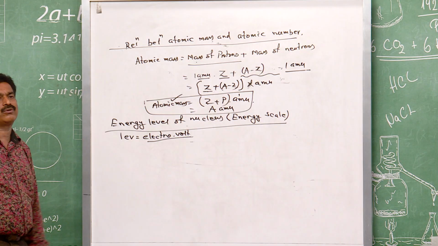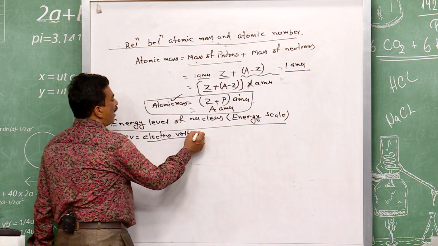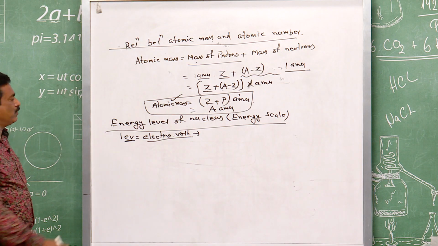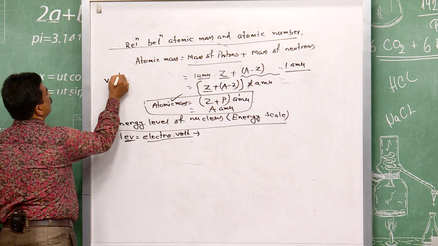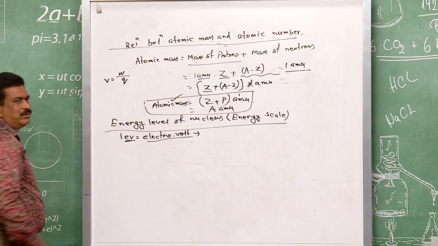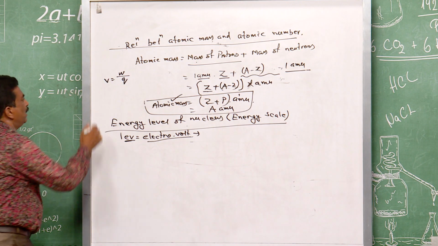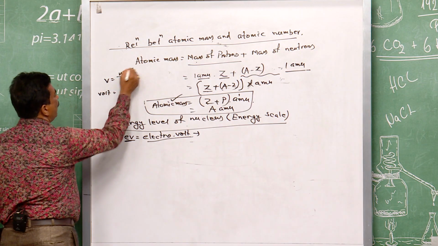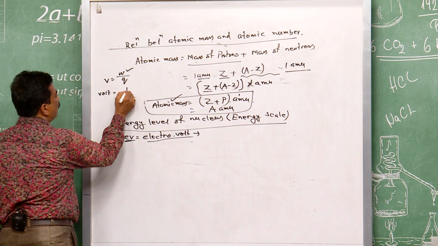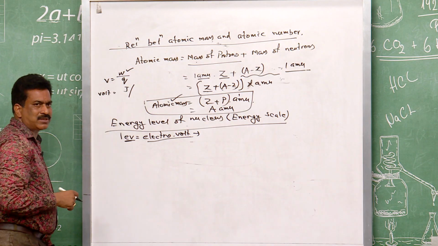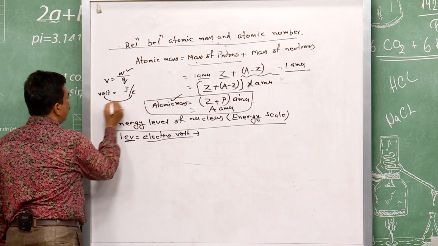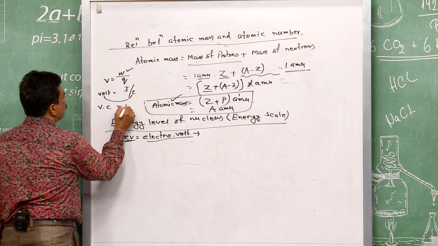You know in electrostatics, that is the amount of energy eV. eV means, for which it stands, you know V is equal to W by Q. This formula you know for the potential. So V means the potential. If that potential is the volt, W is the work in joule, and Q is the charge in coulomb. Means this volt into coulomb is equal to joule.